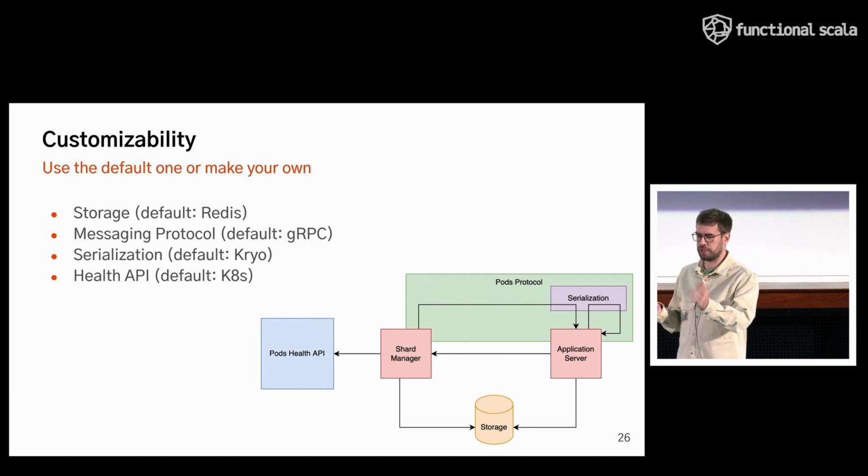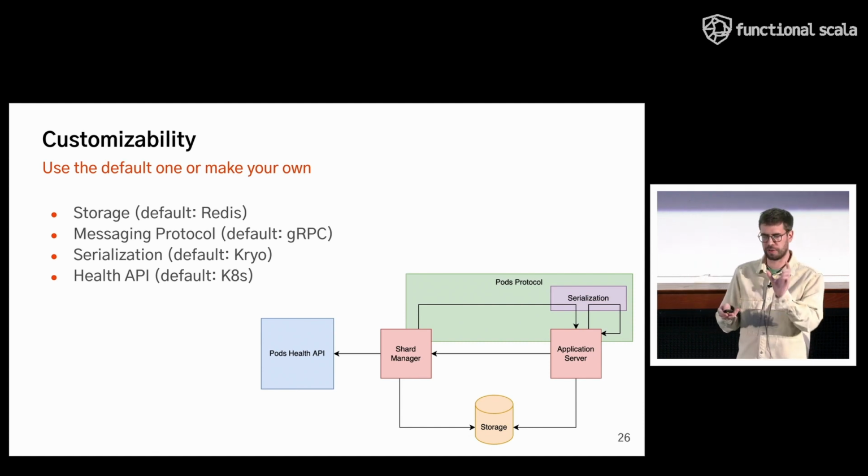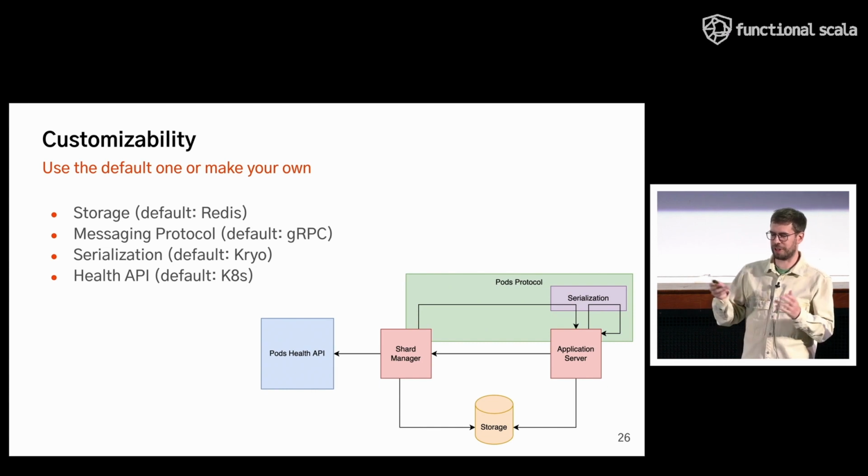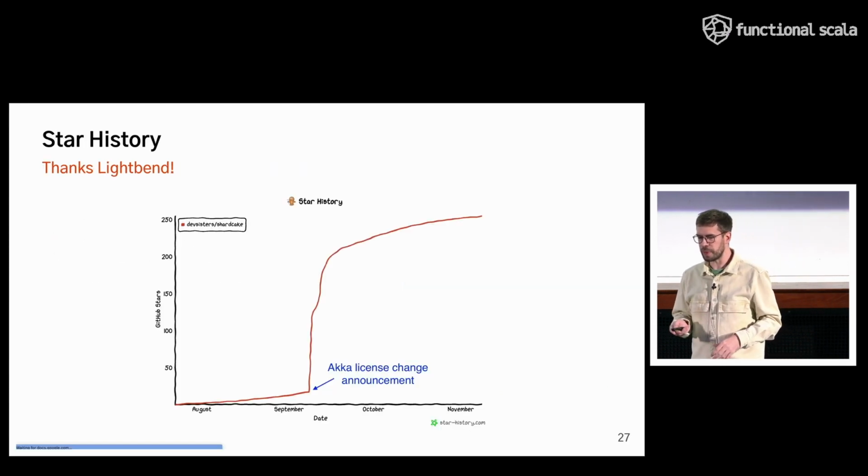So if you don't use Redis, if you use another storage, you can just provide your own implementation of the storage trait and use your own storage. Same with the three others. So it's not tied to any of these technologies. If you use AWS Fargate, if you use the Dessert serialization library or whatever, you can also use them.